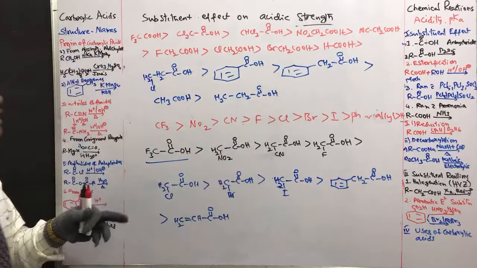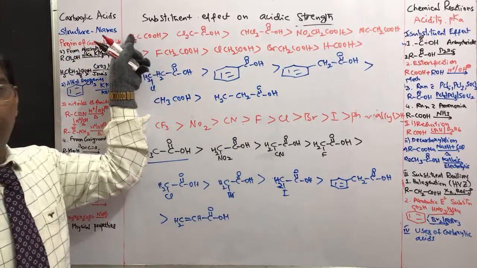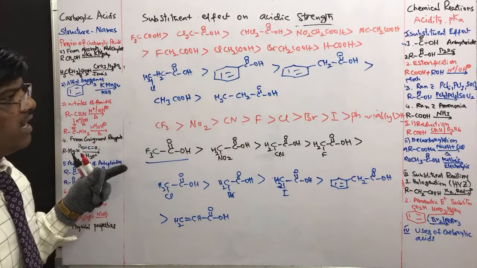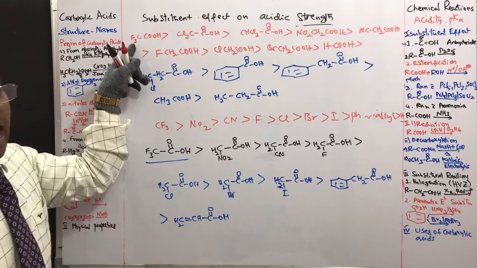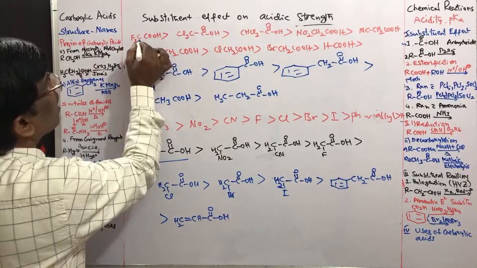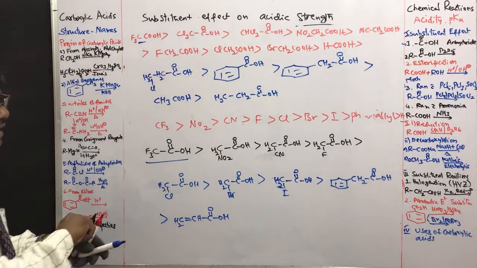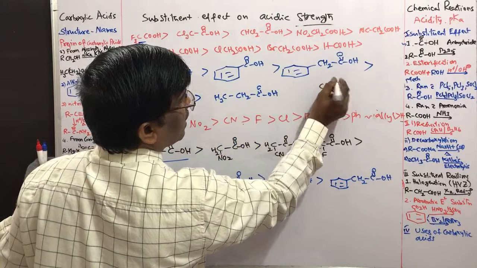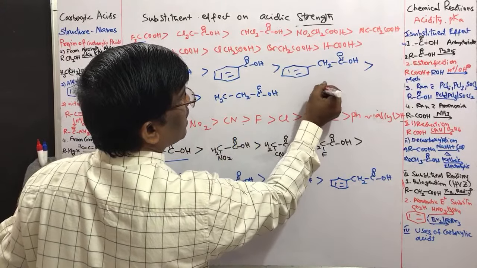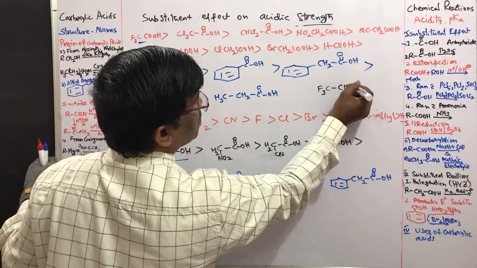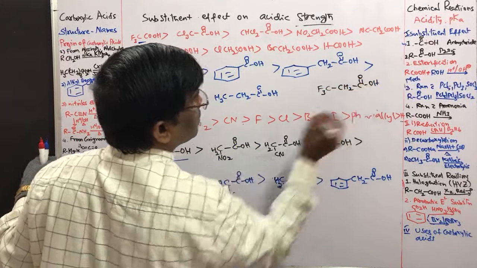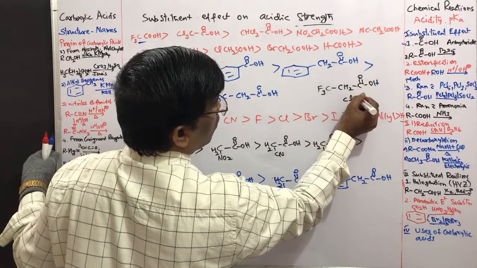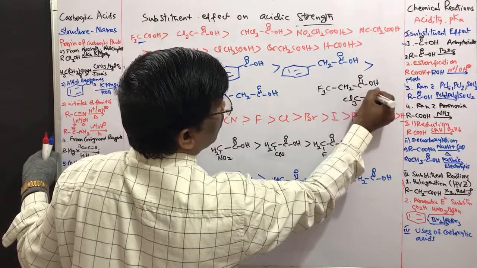The important thing to remember here is how fluorine, chlorine, bromine and iodine are going to have an effect on acidic strength. The more halogen is substituted at the alpha carbon, the stronger the acid. You may have the compound CF3CH2COOH, and you may get trichloroacetic acid.